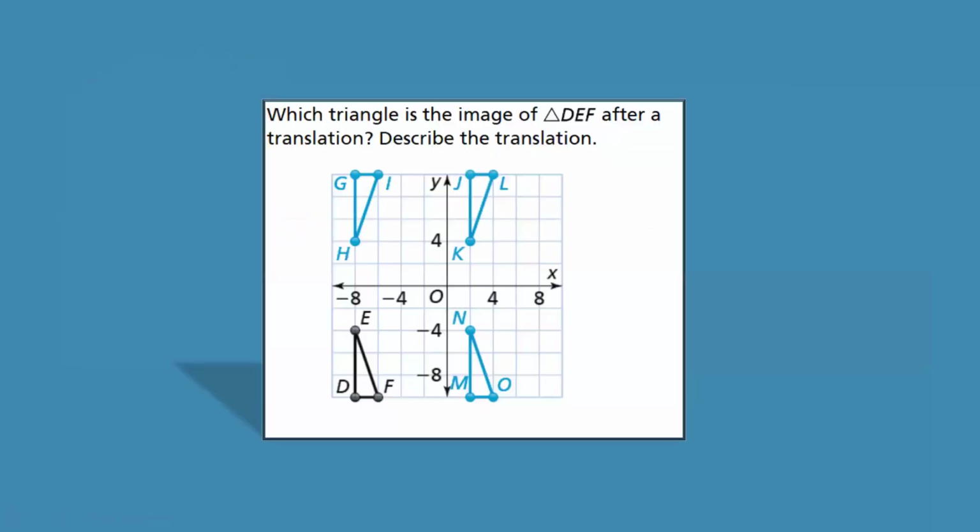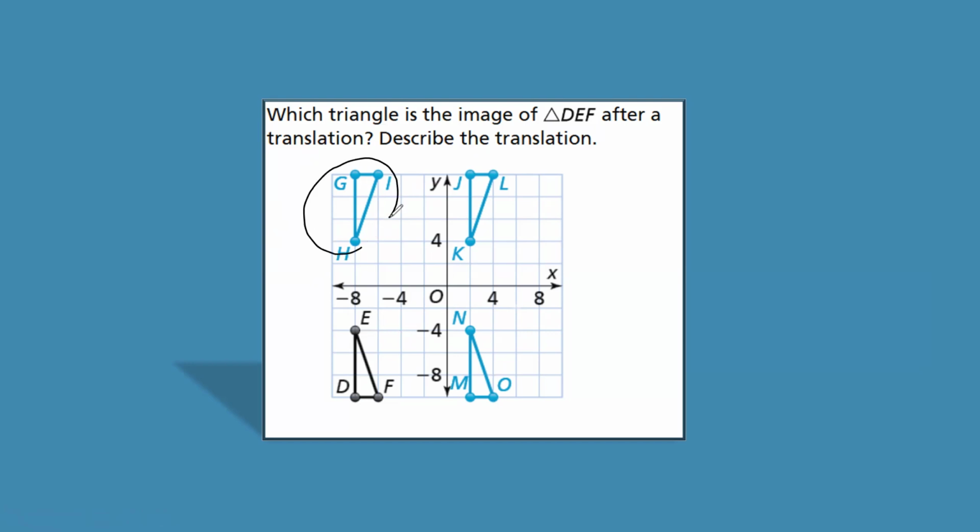The first question we will start with here. Which triangle is the image of triangle DEF after translating my shape? When I translate my shape, we said it has the same direction. Is HGI the same direction?